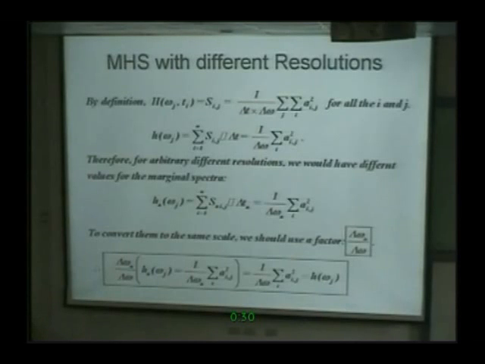So I can arbitrarily take different time resolution and different frequency resolution. If I take a different frequency resolution, I'll have a different del omega A, so there is another factor that depends upon my frequency resolution compared with the full frequency resolution that the Fourier will give.